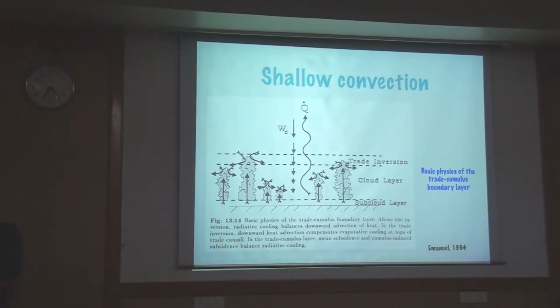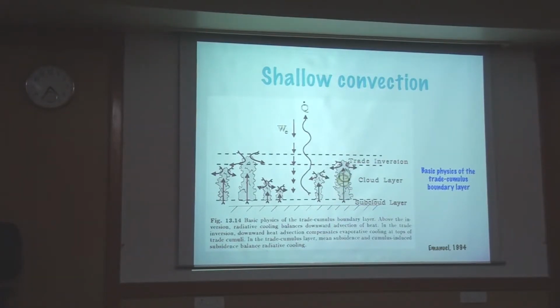If you think of an equilibrium, it means everything is steady. So the balance above the trade wind inversion is simply between subsidence and radiative cooling.